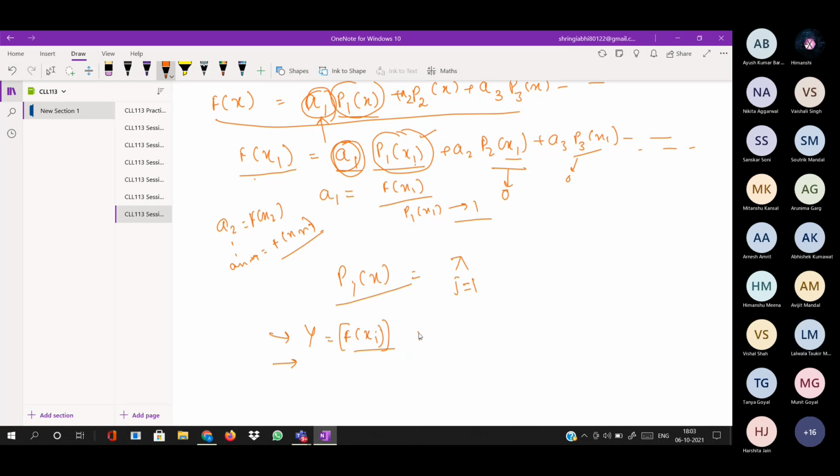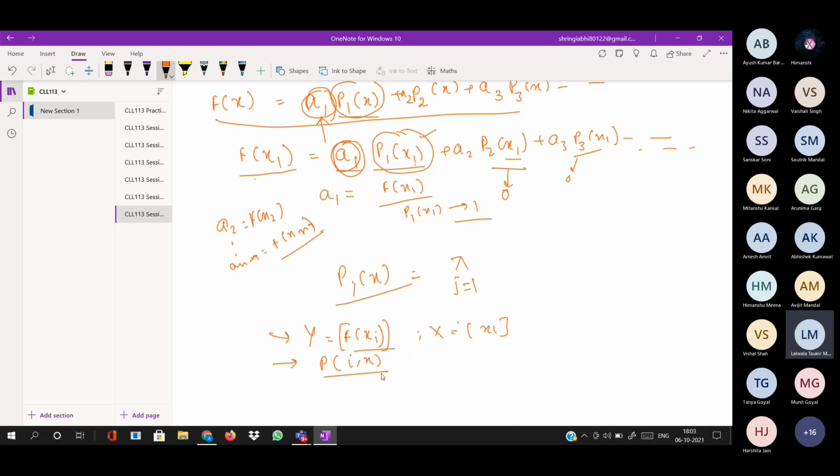Then we can declare a function for calculating that pix function. In that, we will pass the x array, y array, and i.